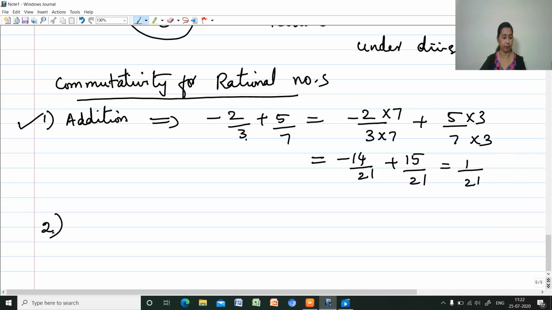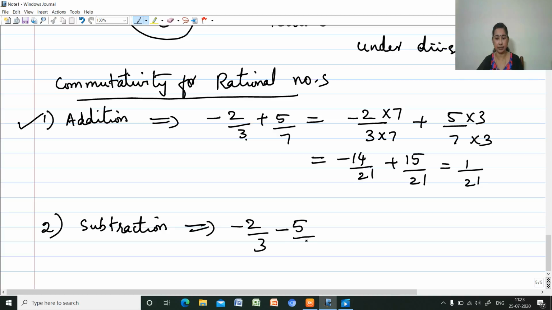Then what about subtraction? In the case of subtraction, if I'm taking the same two rational numbers, 2 by 3 and minus 5 by 7, I'm subtracting minus 2 by 3 minus 5 by 7.